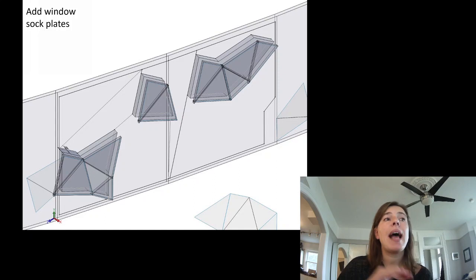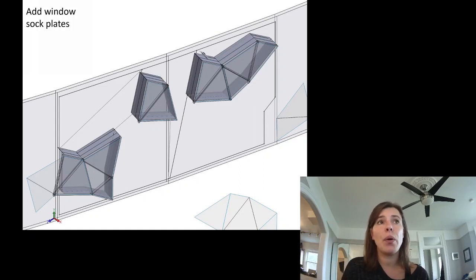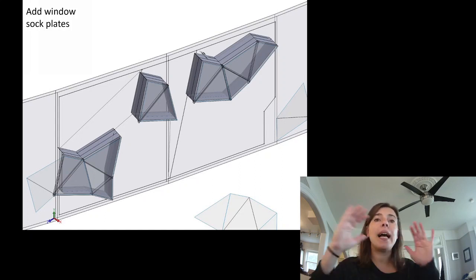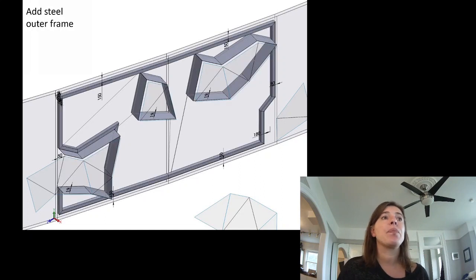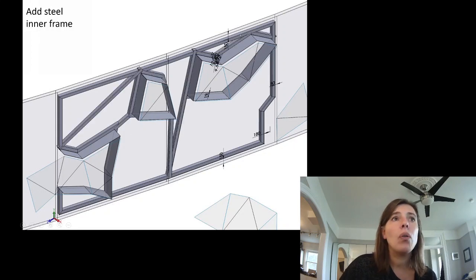And then I started adding my sock plates, or those steel elements around it. So I would create surfaces on all of those, and then I needed to cut those back to project onto, to meet up with the steel frames. So here I put in my HSSs that would allow these sock panels to be welded.